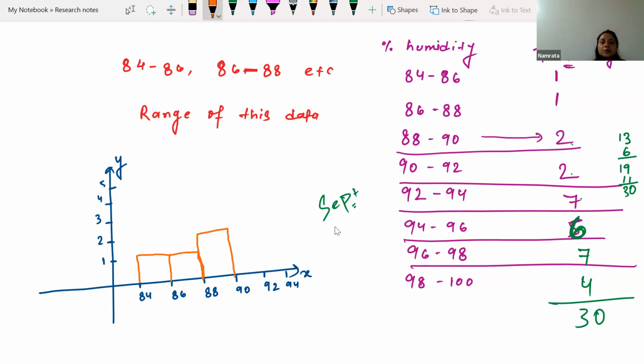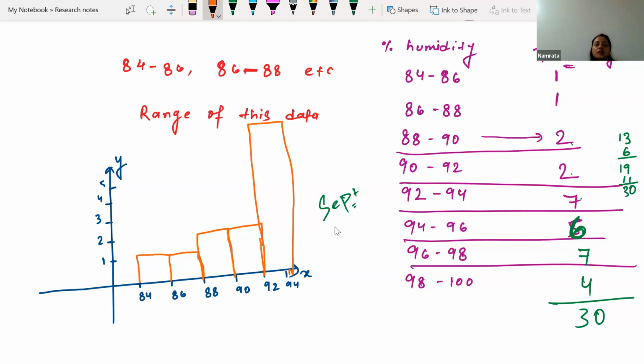After that, 90 to 92 has frequency 2. After that, 92 to 94 has frequency 7. So it will go up. Okay, 5 I have plotted over here. So this is how our histogram will look.